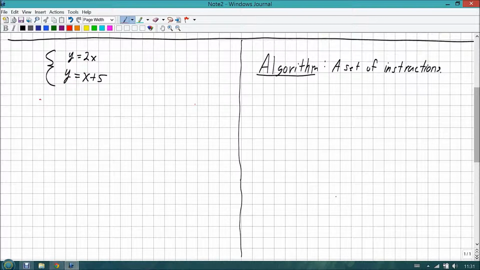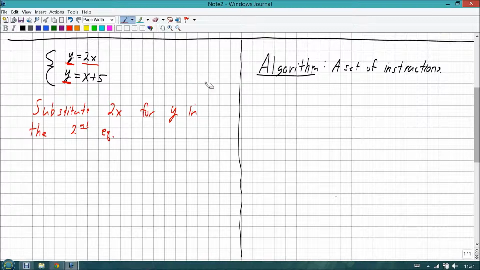So what I would do is substitute 2x for y in the second equation. Now, what does that look like? Well, I see that y is equal to 2x, which means that this y down here should be the same thing as this y right here.